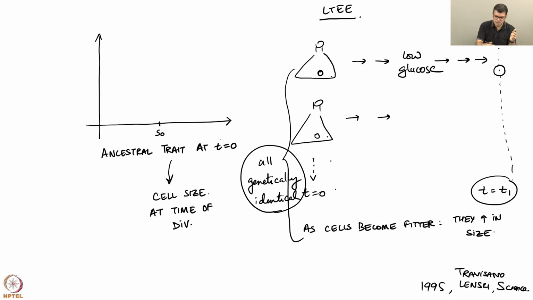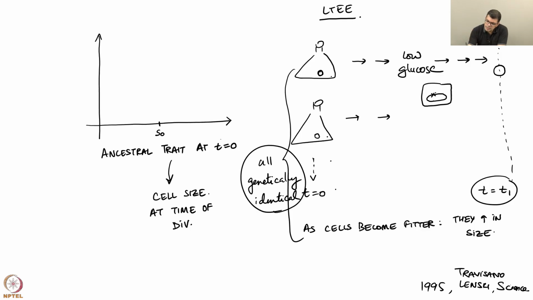And that is what we are looking at if we are looking at cell size, and that is why cell size will also change, because although the selection was on faster growth rate in glucose, when we make adjustments in the cell to grow fast on glucose, its ramifications on cell size will also take place. And because each cell is different, so let us say in line number 1, this is the mutation that you acquire which makes you grow better in glucose.